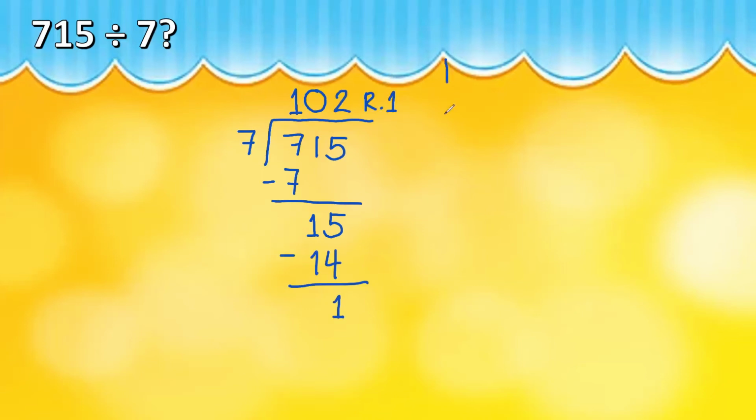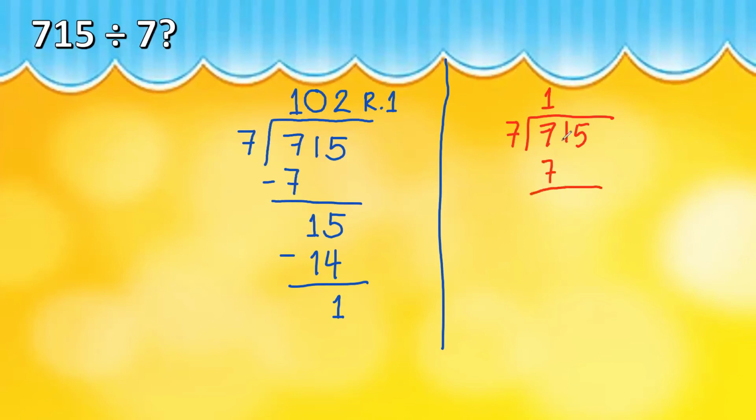Or we may do this process, 715 divided by 7. Again, 7 divided by 7 is 1. 1 times 7 is 7. Bring down 1.